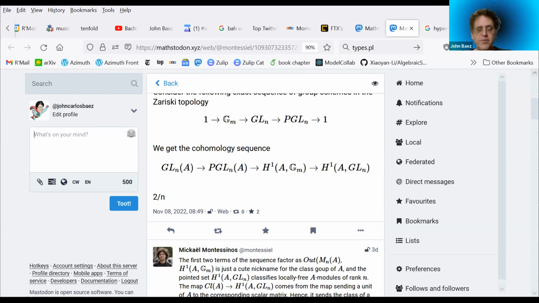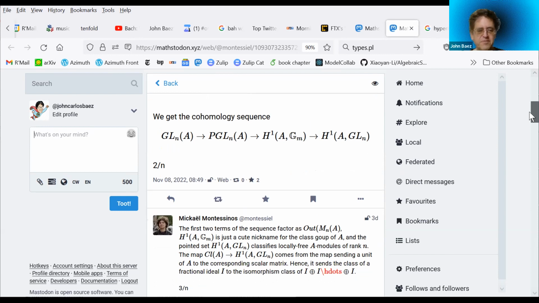And one thing that I didn't get into, and this guy didn't get into yet either, is: can you assemble all these n-torsions for different n by means of some kind of limit to get a profinite ideal class group, which might in some cases just be the ideal class group, or maybe in all the number ring cases it might just be the ideal class group? Or even if it isn't, it could still potentially be very interesting. Yeah, that's interesting. So there's that.